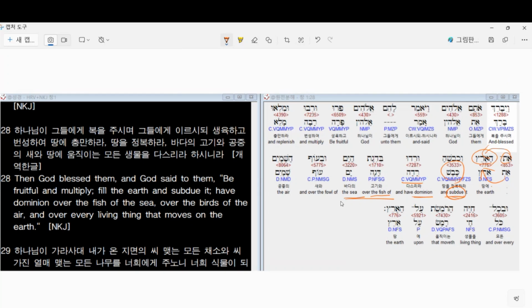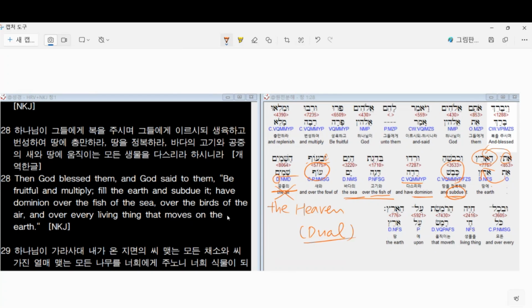And then last class, we studied a little bit about the bird. So, uf hashamaim, and bird of the heaven. It is not the air, right? Ha shamaim. Ha is the definite article, and shamaim is the heaven, which is the dual form, right?